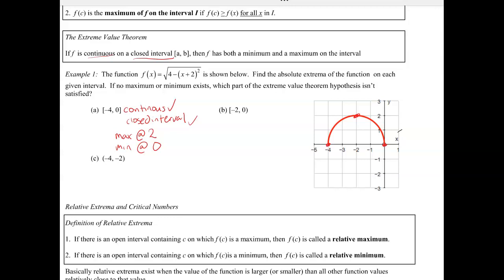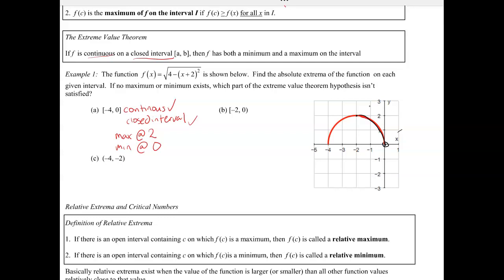What happens if I don't have a closed interval? Well, that's what we're going to be looking at on B. So on B, I've got my interval from -2 to 0, which is just this piece of graph here. Oops, I need to probably pick a different color. So from -2 to 0 is just going to be this piece of graph here.